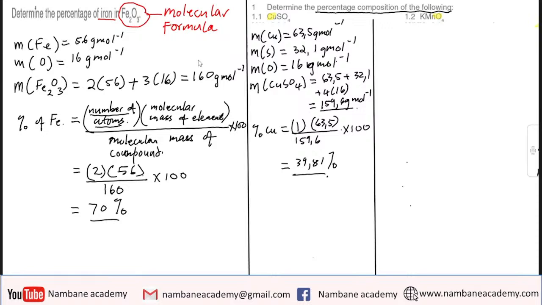Oh, so when Ratanang asked, I thought you said we should look at how many elements are in the compound and not necessarily the coefficient. So I got confused there. The question was, aren't we supposed to add the 2 or the 3 when we are working with these compounds or elements?